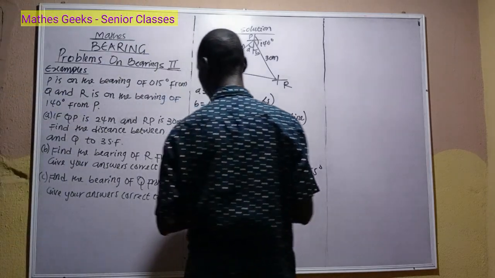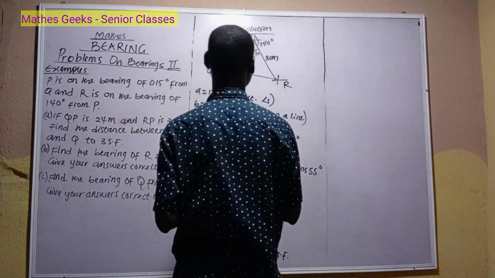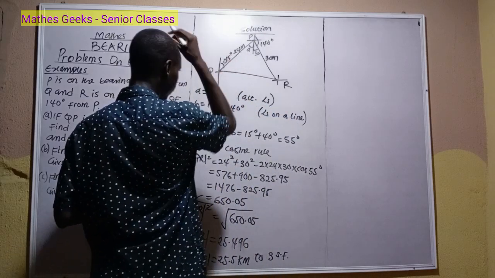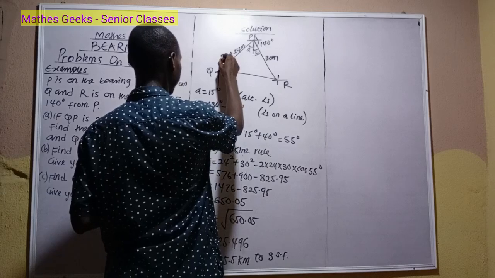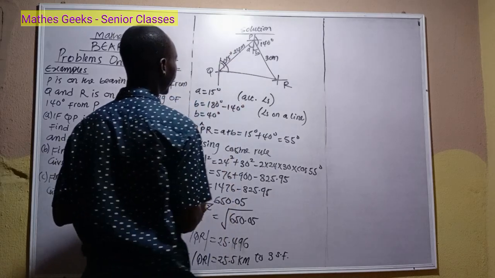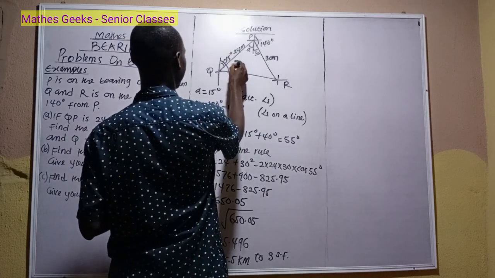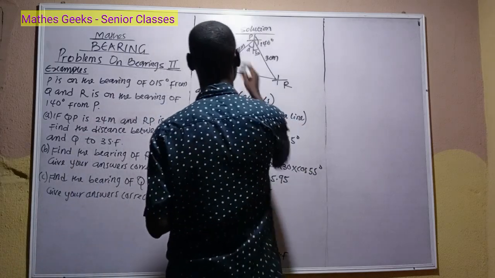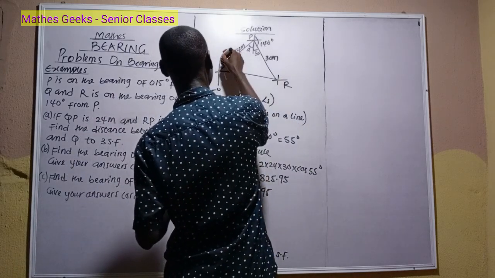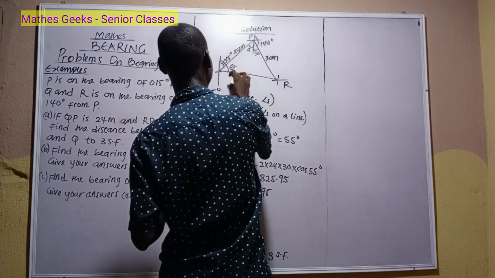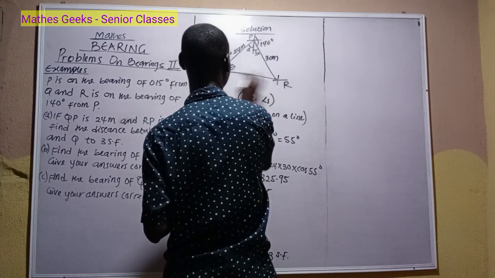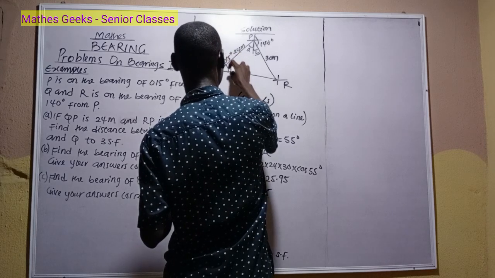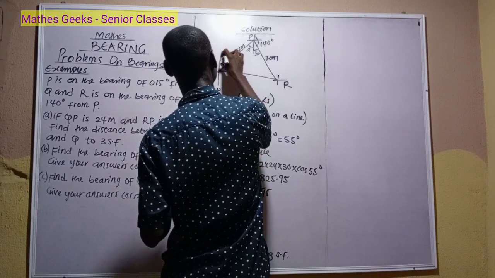Then B says find the bearing of R from Q. So the bearing of R from Q would be from here to this line. So we need to know this angle. Let's call it theta. So theta plus 15 degrees will give us the bearing, since the bearing of R from Q involves measuring from the north to this line connecting Q and R, which is this angle in the triangle plus 15 degrees.